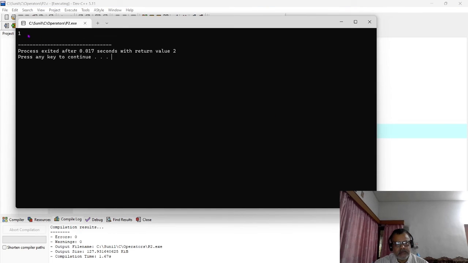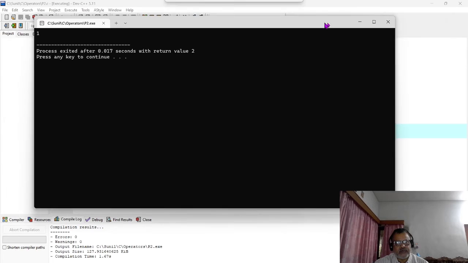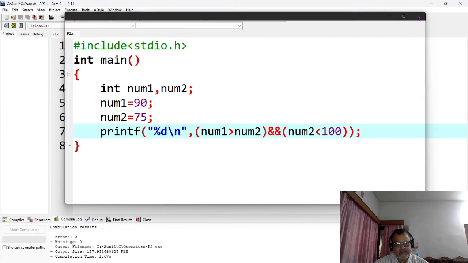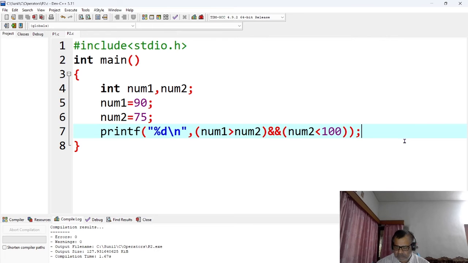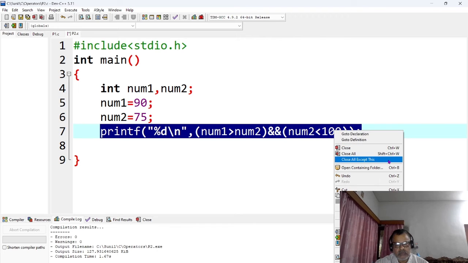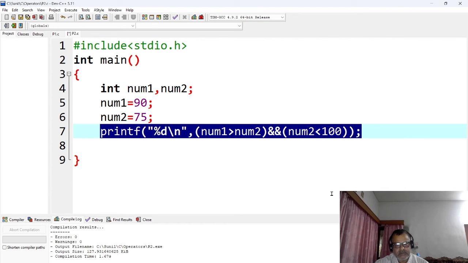It is 1 here. If you see, it is 1. Why 1? Because both the expressions are true. That's why you are getting this 1. Now I want to change something more so that we can get a little more confidence.